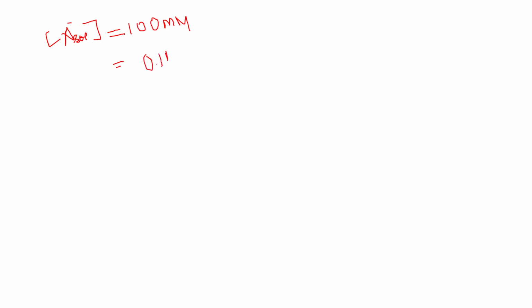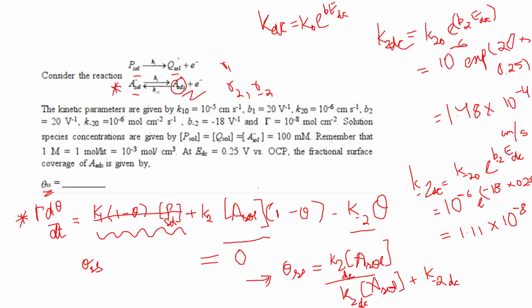Now if you see, everything else is in centimeters per second, so basically it is in the units of centimeter. You cannot write something in meter. Molar is moles per meter cube, so we cannot use that.